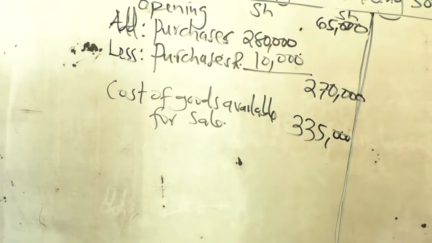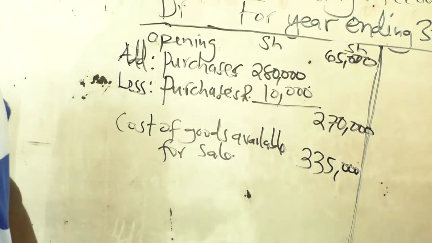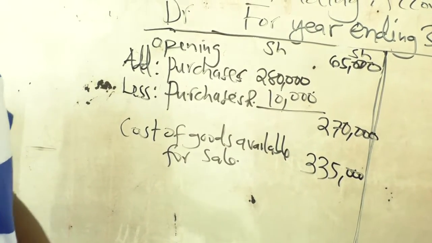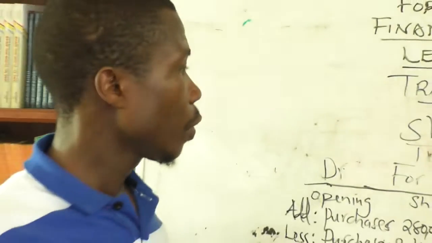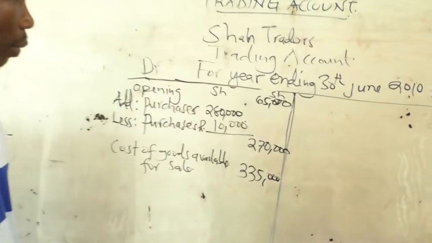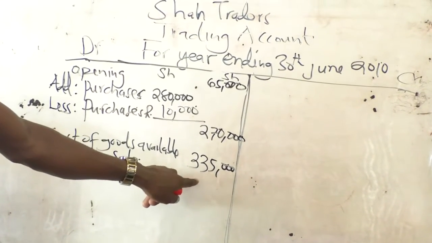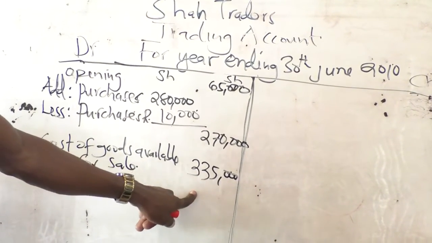Why? Because if you want to know the actual profit, we must subtract the stock that remains. You cannot use all of this to claim the profit unless you subtract what remains. What remains is not part of the goods sold.